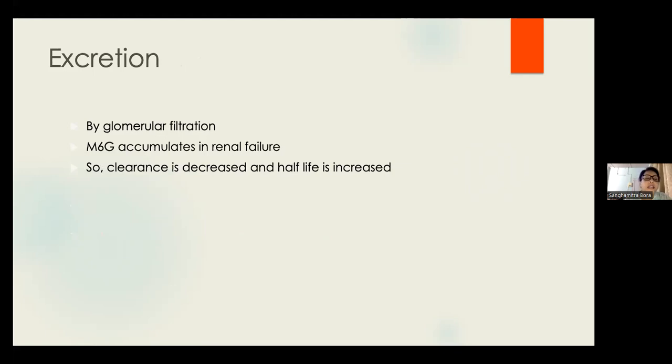It is excreted by the kidneys by glomerular filtration, and hence it accumulates in renal failure. The clearance of morphine-6 glucuronide in renal failure is decreased, and hence the half-life is increased. So we need to be vigilant about usage of morphine in patients with renal diseases.